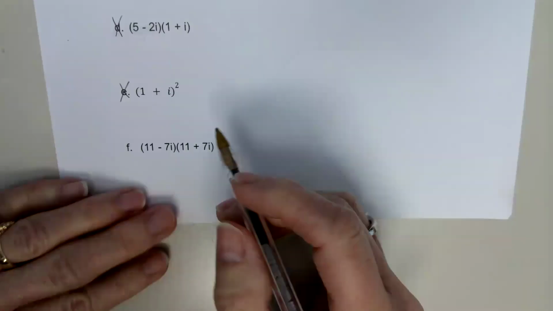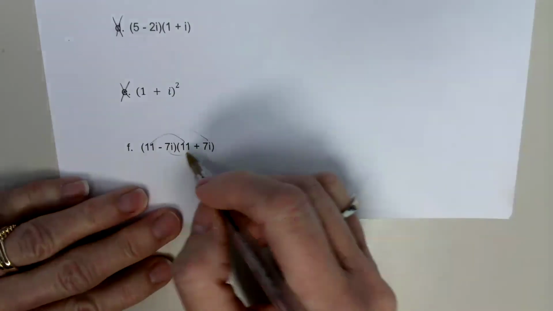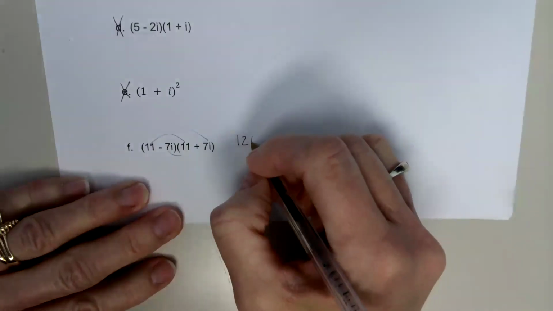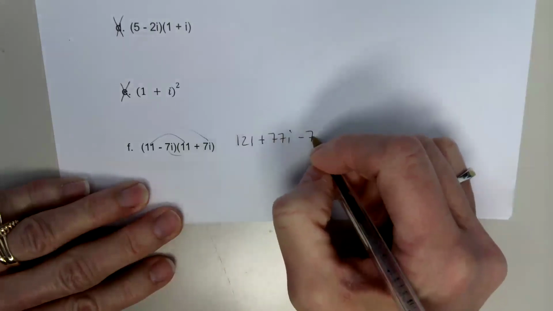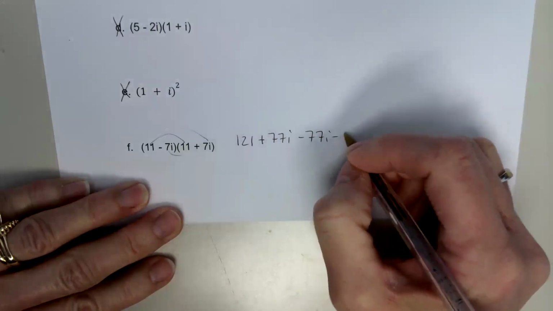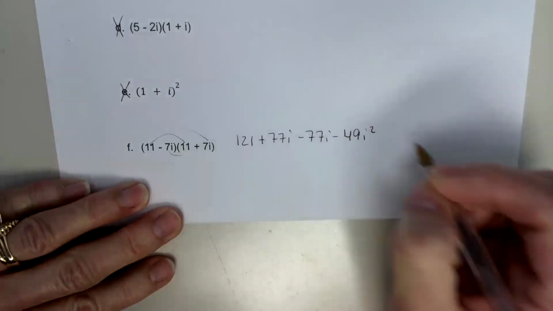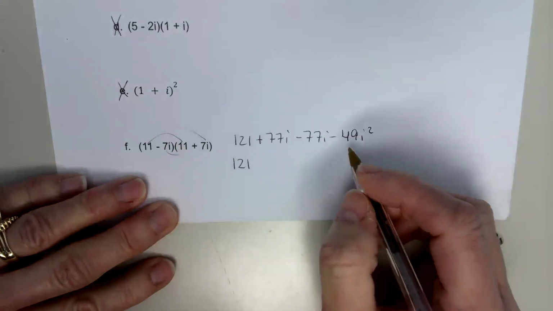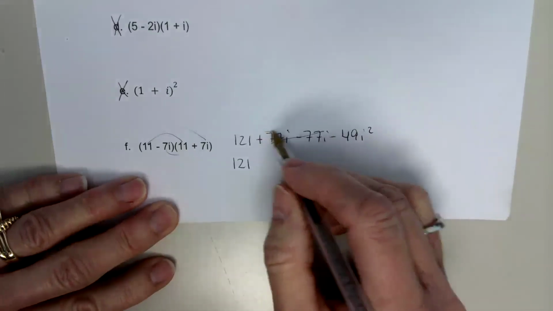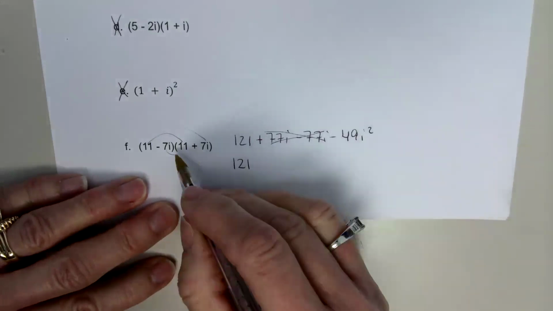Letter F, I'm going to multiply these. So we have 11 squared is 121 plus 77i minus 77i minus 49i squared. So we have 121. Ooh, and it looks like our middle terms add to 0.